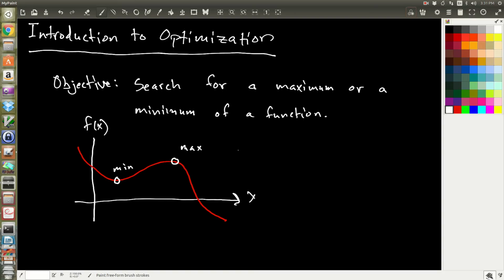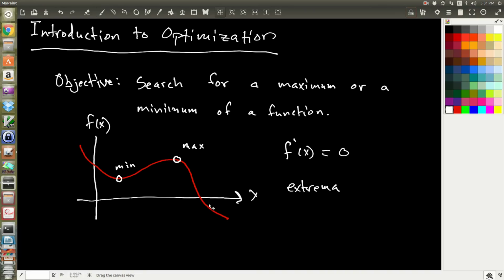And so when I say we're going to search for a maximum or a minimum, I'm talking about finding these extreme points. And the way that we found these in calculus was we took the derivative of our function and found where it was equal to 0. And that was where the extrema were. So that's points where the derivative is equal to 0. And those typically correspond to max and mins.